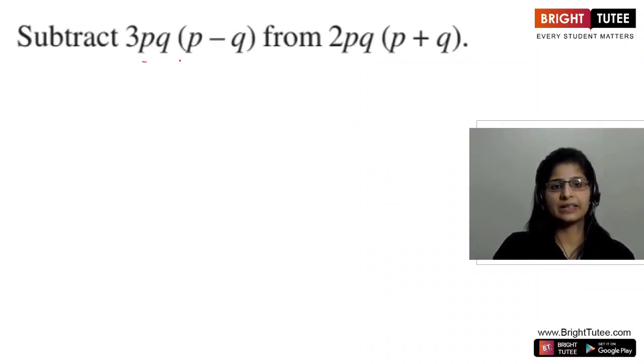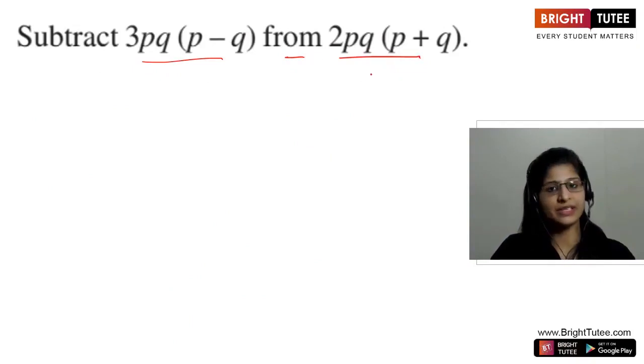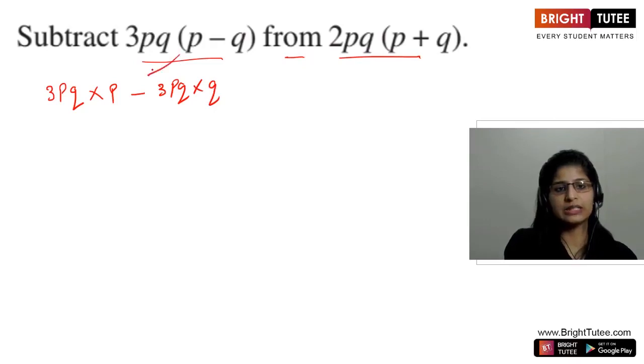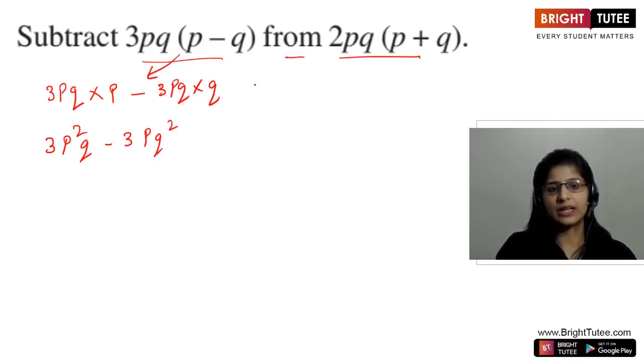Here we have to subtract this from this. So whatever comes after 'from', that we have to write first. First of all, we'll simplify both of them. So 3pq into p minus 3pq into q. This is how we multiply this: 3p square q minus 3pq square. And the second one is, from what we have to subtract, 2pq into p plus 2pq into q.